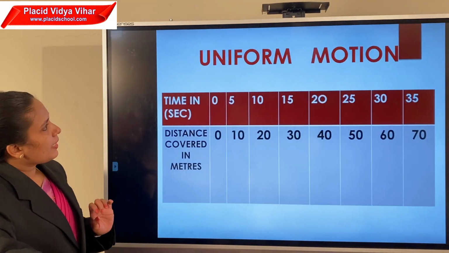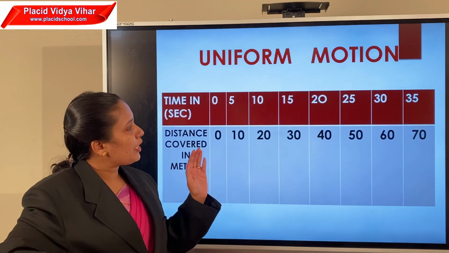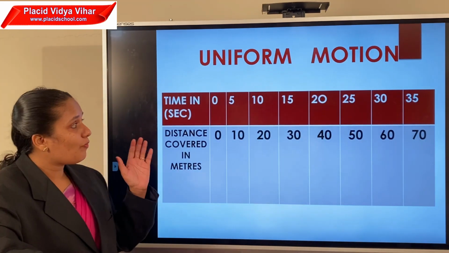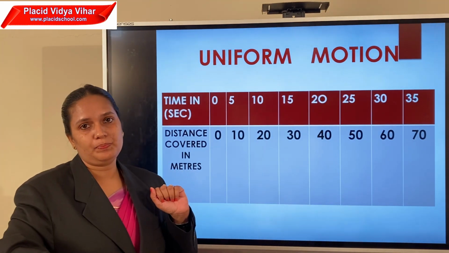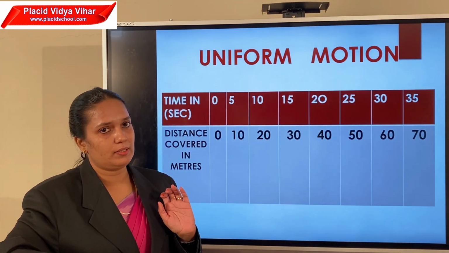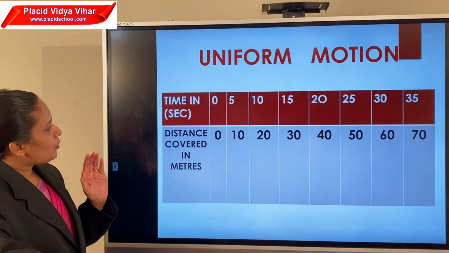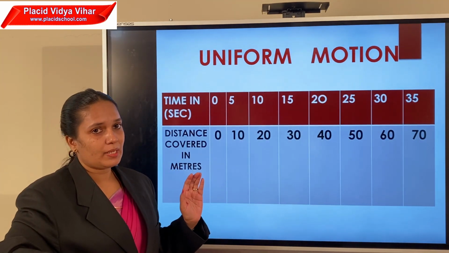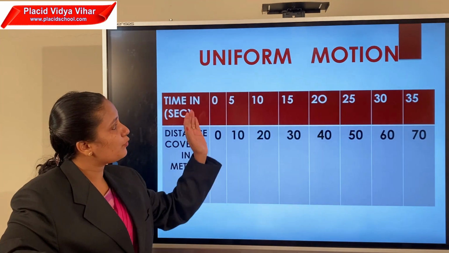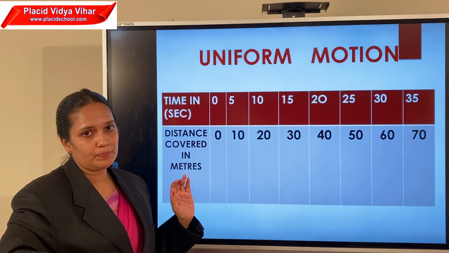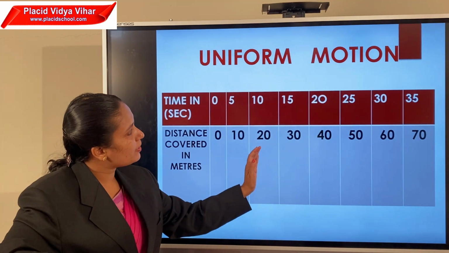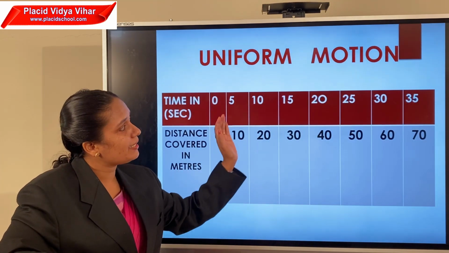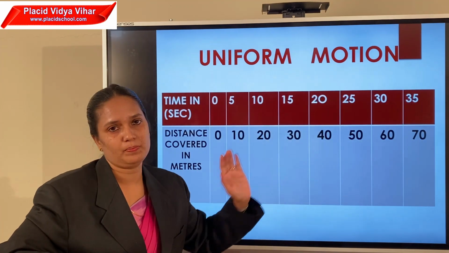So consider this table, and this table shows uniform motion of a car. Then why is it called uniform motion? Let us discuss it. As we can see here, the car covers 10 meter in the first 5 seconds, another 10 meter in the next 5 seconds, then again 10 meter in the next 5 seconds, and so on.